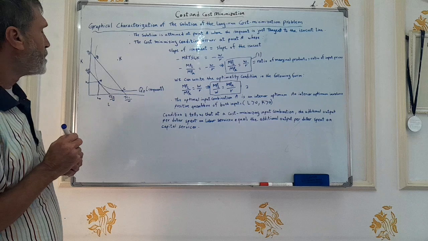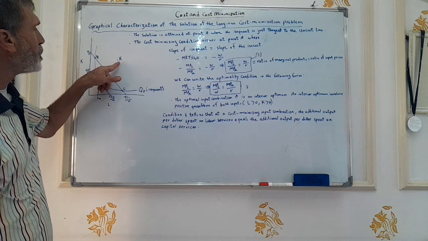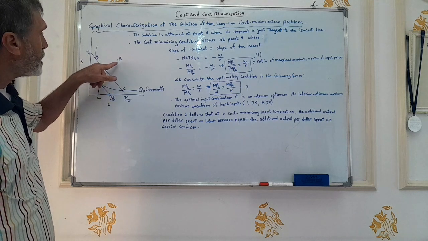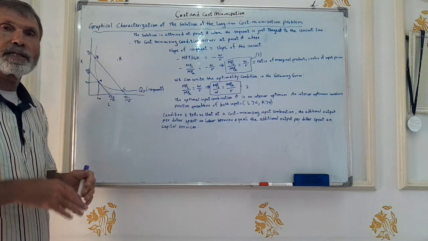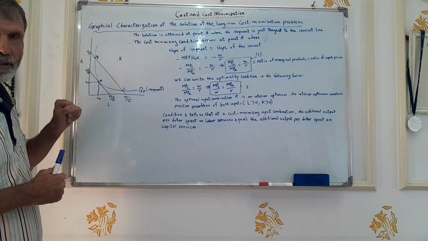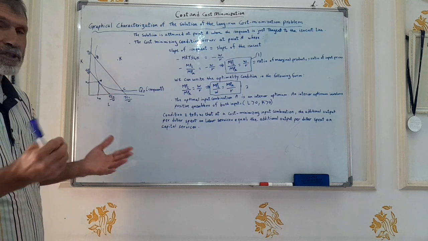Okay? Now, the question is why not the optimal solution at point K, or at point B, or at point C? As you can see, K is a point that is off the isoquant. The firm could produce at K, but then what is the cost for the firm?